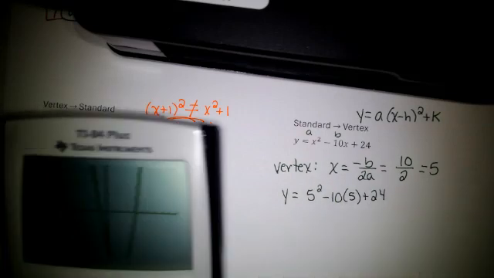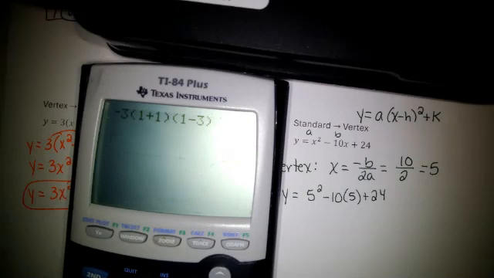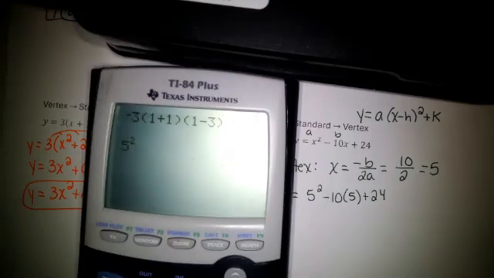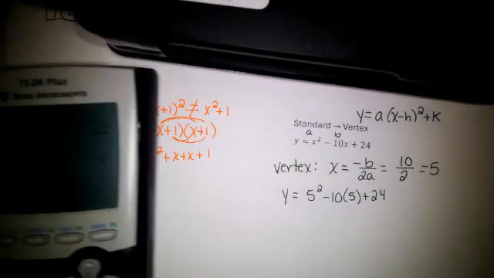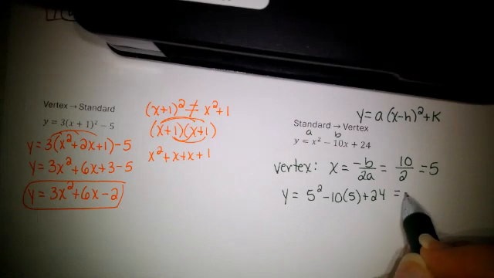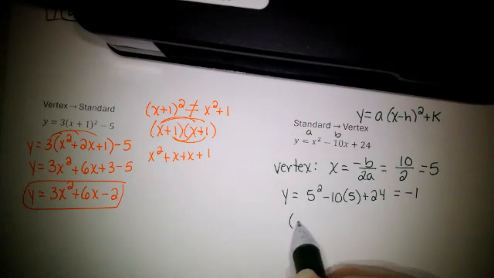All right, you can do that in your head, or you can grab your handy-dandy calculator. 5 squared minus 10 times 5 plus 24 is negative 1. So my vertex is (5, negative 1).